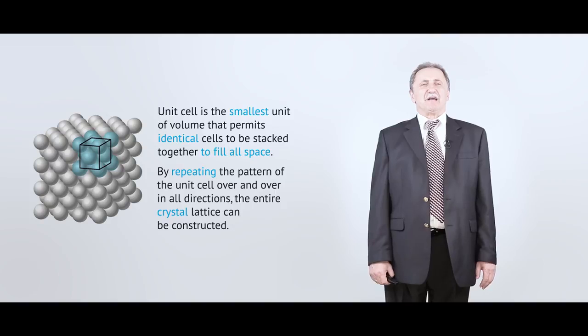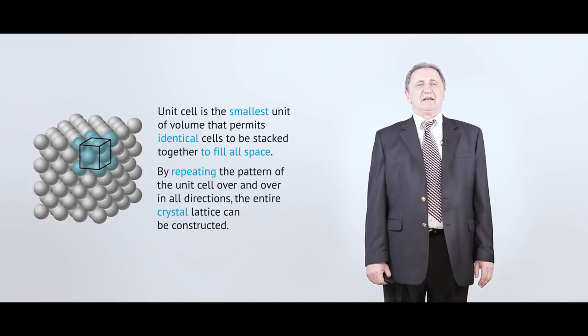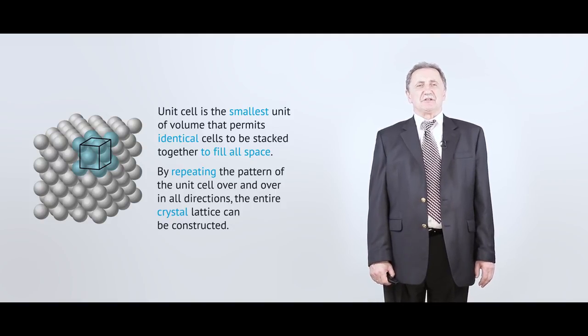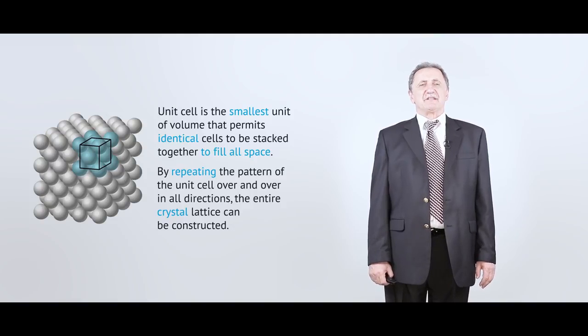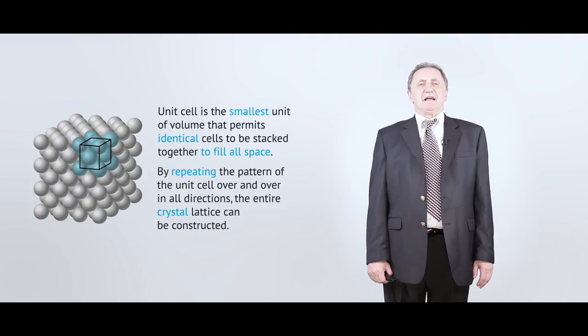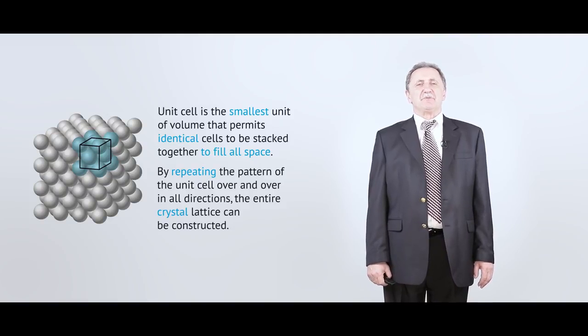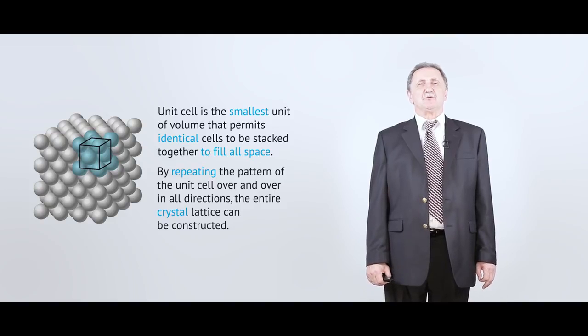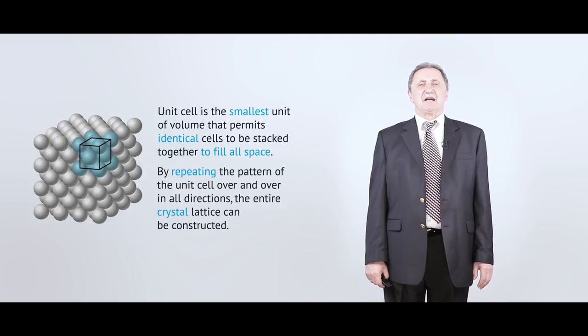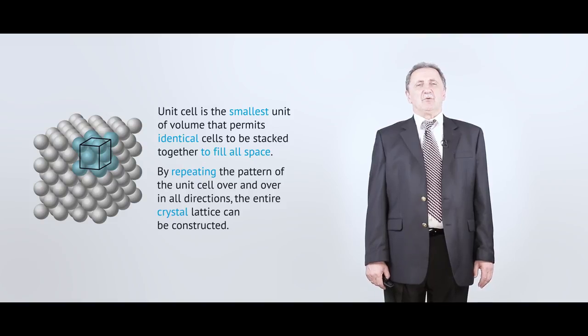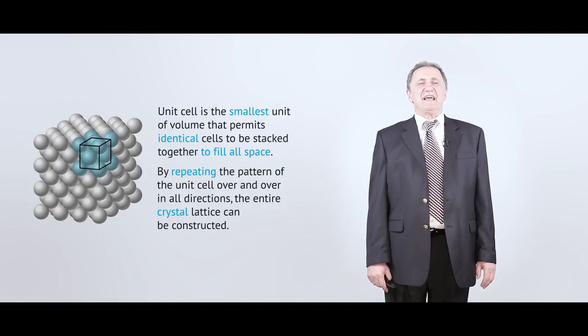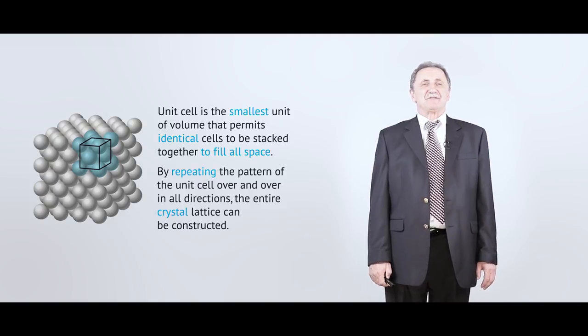Put your attention to the main terms in this definition. First of all, we are talking about the smallest unit. Second, all of them should be identical. In this case, we are talking about a very specific unit cell which corresponds to this type of material. And what is also important, they should be able to fill all space without voids.